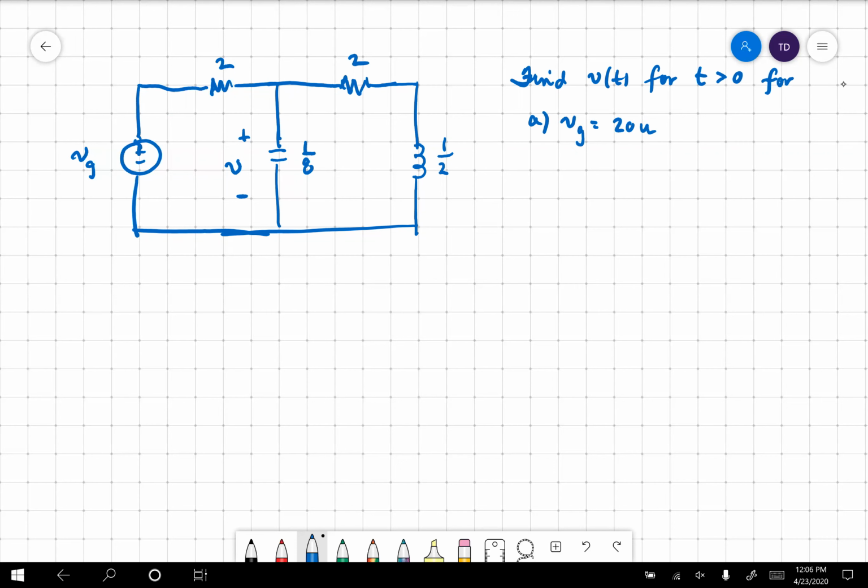A, Vg is equal to 20 u of t. B, Vg is equal to 25 e to the minus 2t. And then C, Vg is equal to 10 e to the minus 4t.